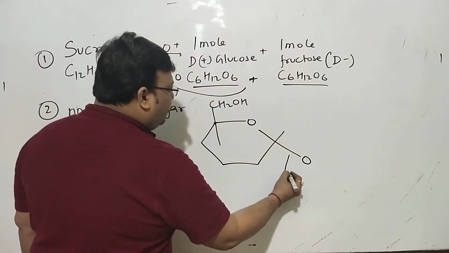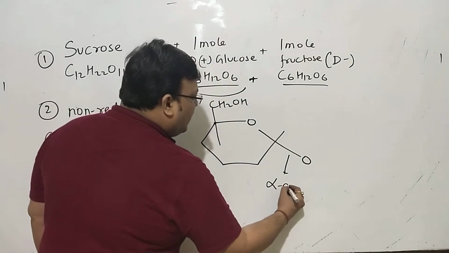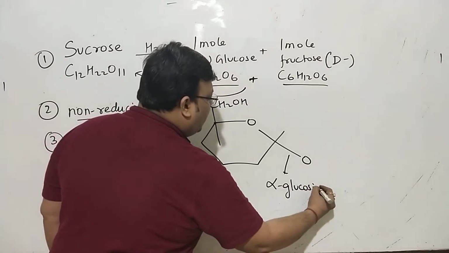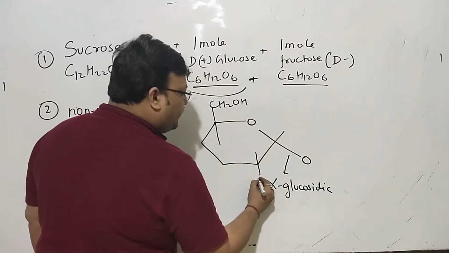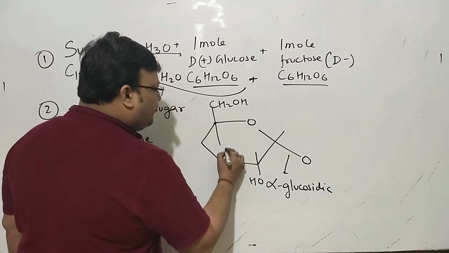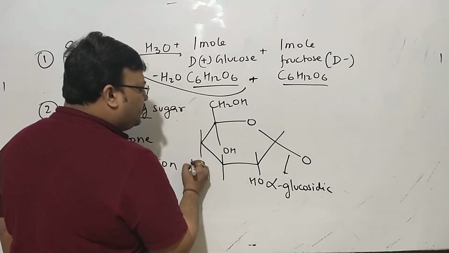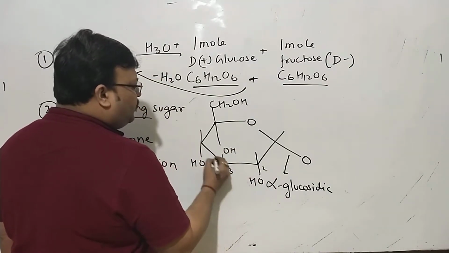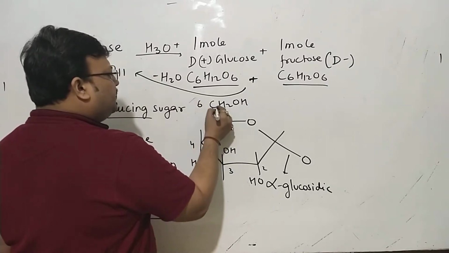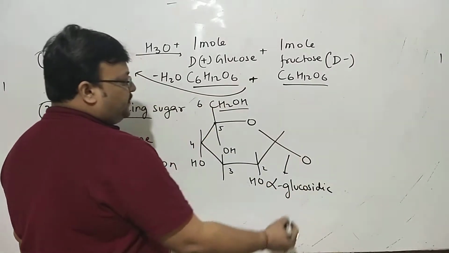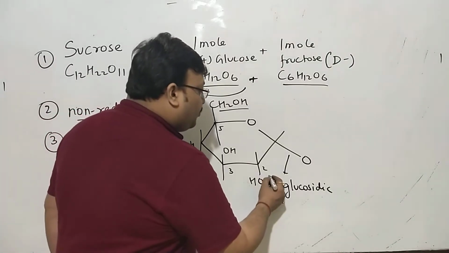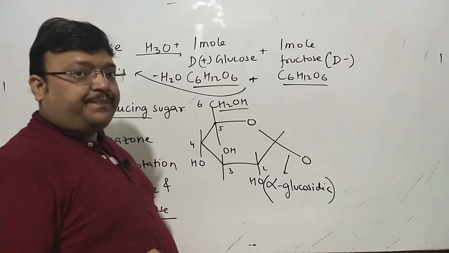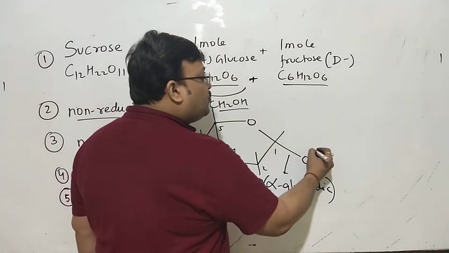That way it will be alpha glucosidic. At carbon 2 it will be OH below, at carbon 3 it will be OH above, at carbon 4 it will be OH below. The rest will be routine. This above, this below, because it's an alpha glucosidic bond. And then I'll need to attach it to carbon 2 of fructose.